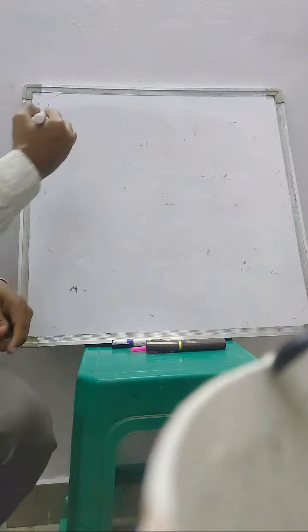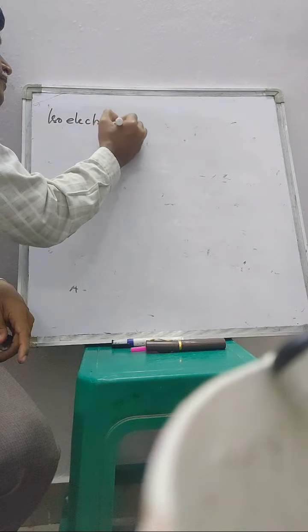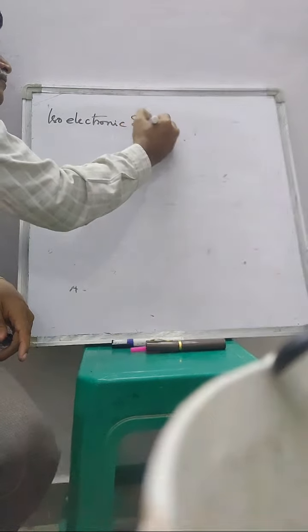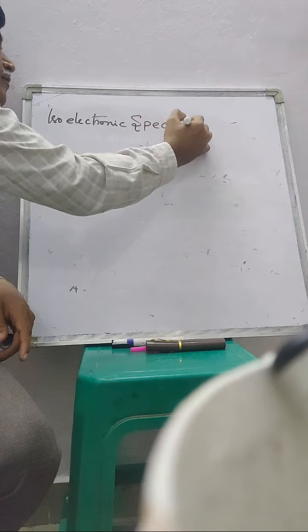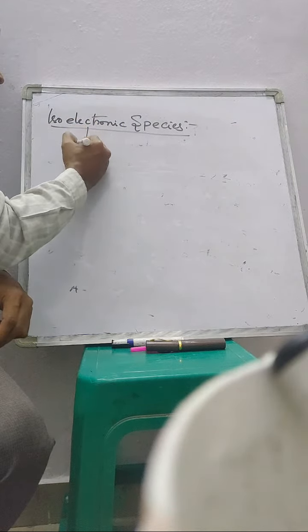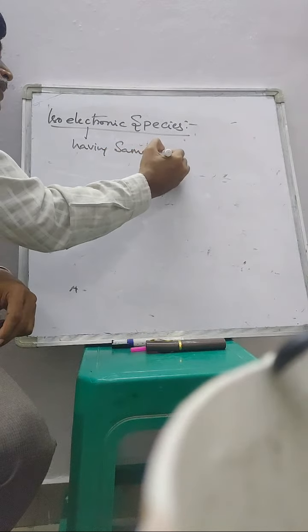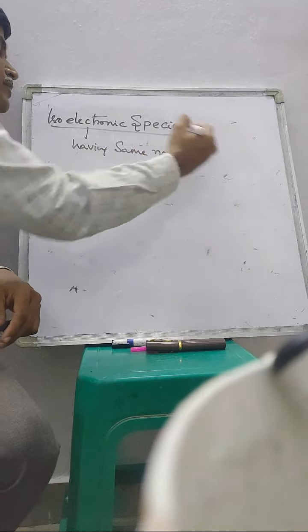Then the next topic is isoelectronic species. Isoelectronic species means the species having the same number of electrons.